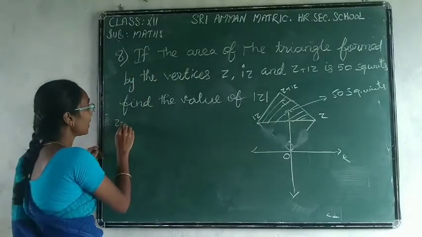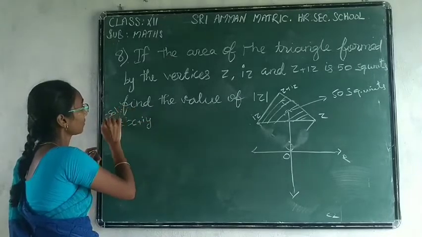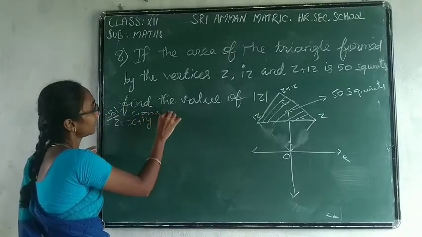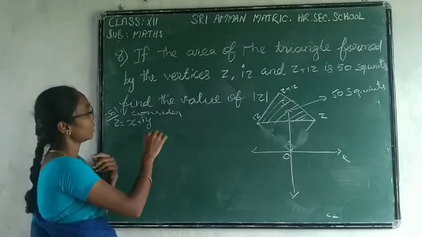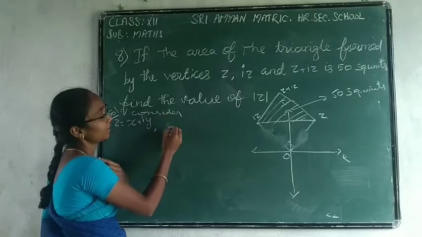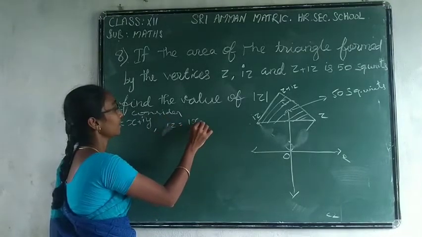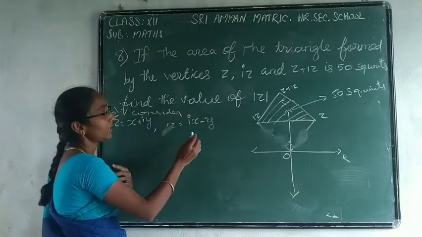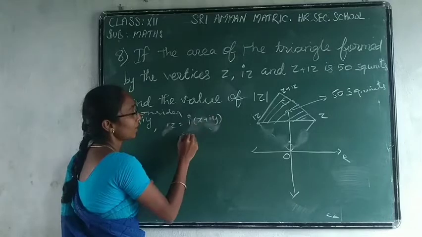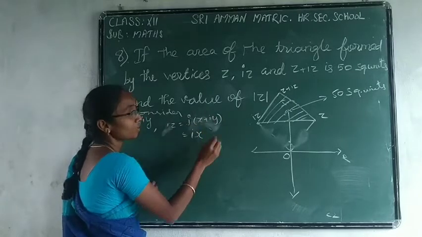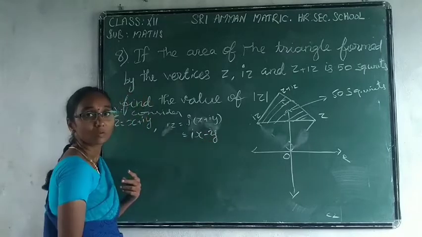Okay. Now let us consider z equal to x plus iy. Then iz equals what? i into z, that is i into (x plus iy): i into x is ix, and i into iy is i squared y, and i squared is minus 1, so minus y.